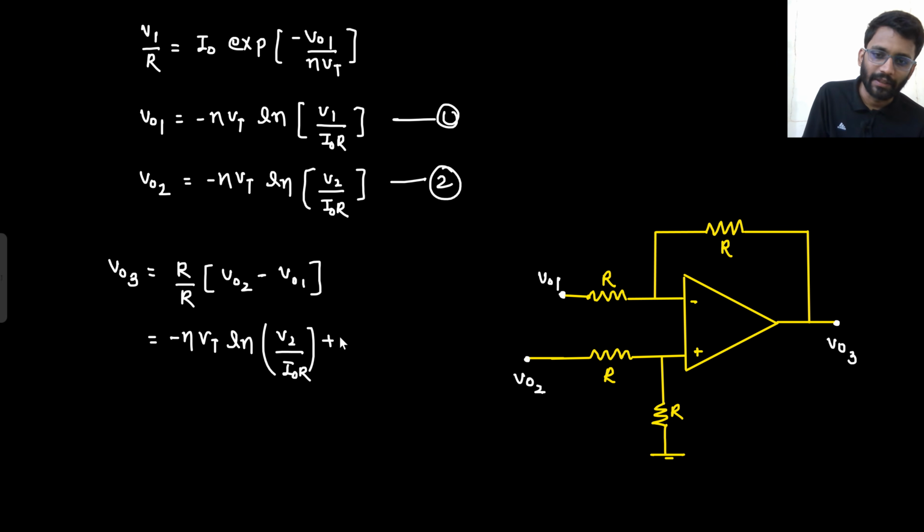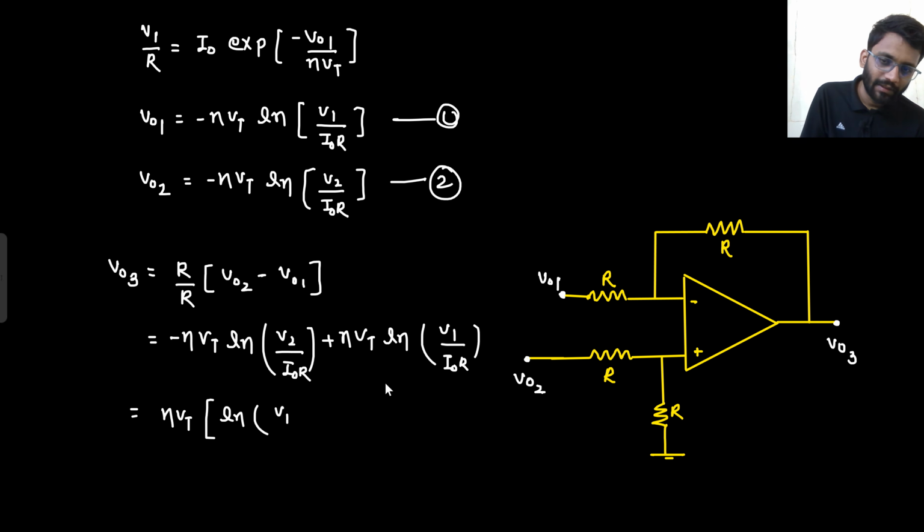So the negative sign will come: minus eta Vt ln V1 by I naught R. Now eta Vt will come common here. Ln V1 by I naught R minus ln V2 by I naught R.